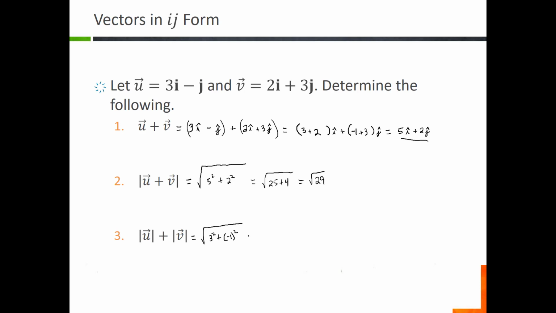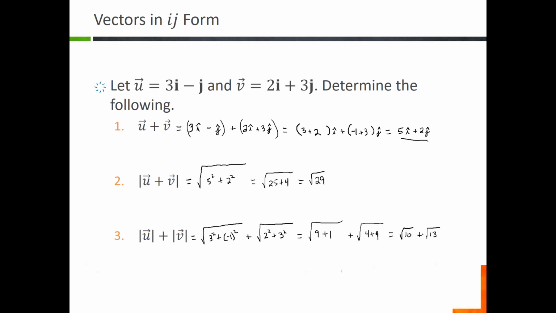So that's the magnitude of u. And then we're going to add that to the magnitude of v, which would be 2 squared plus 3 squared. And so that's going to be the square root of 9 plus 1 plus the square root of 4 plus 9. And that turns out to be the square root of 10 plus the square root of 13. And that's as simplified as we can get it.